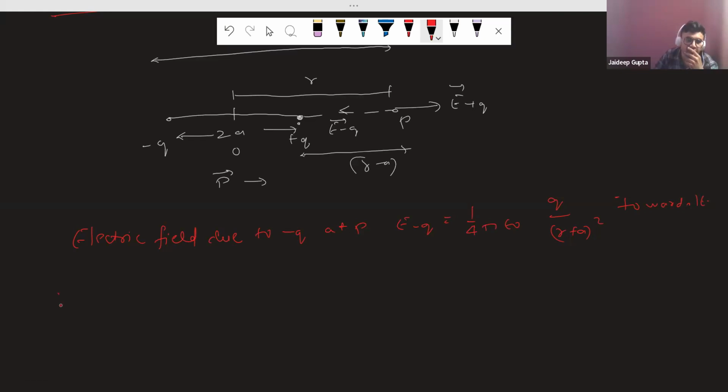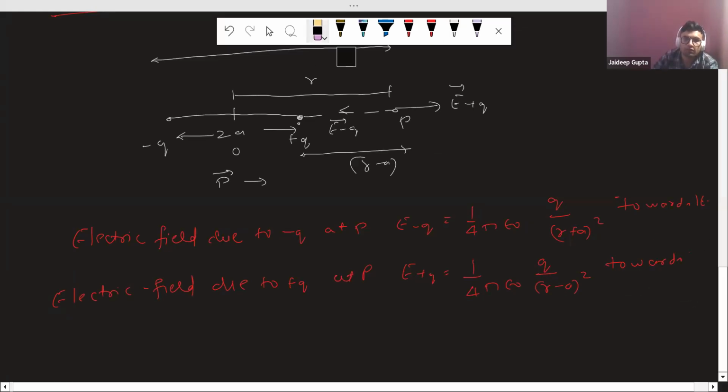Likewise, the electric field due to plus q at point P is towards right.